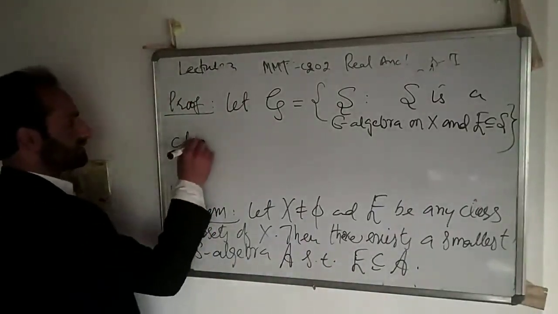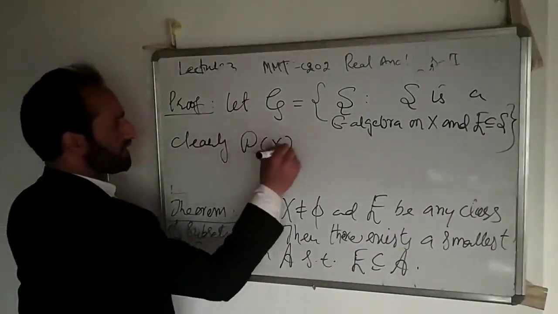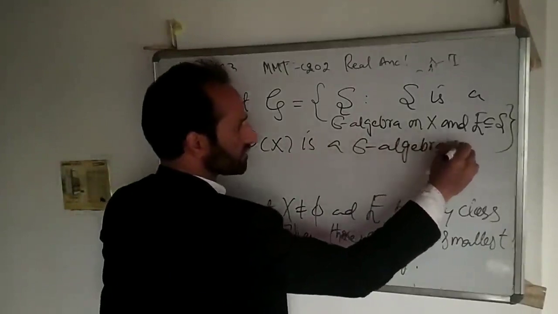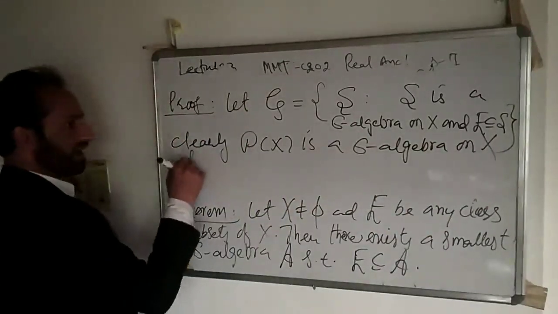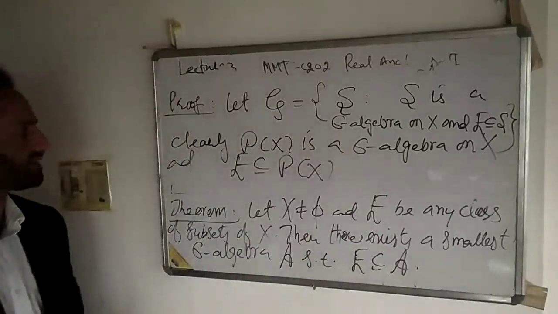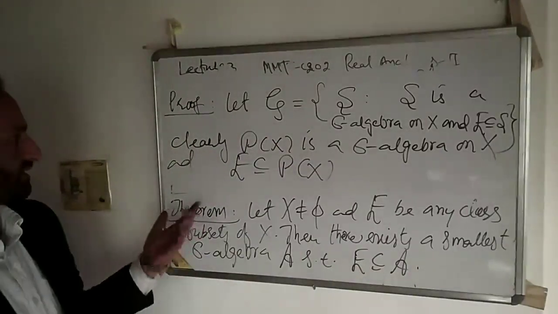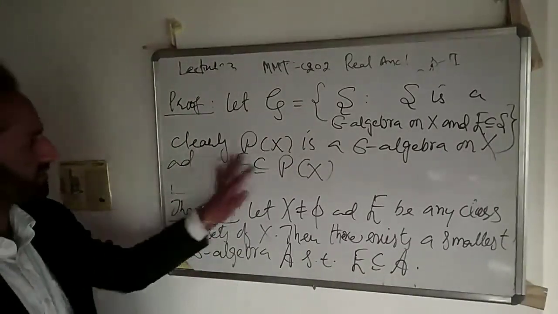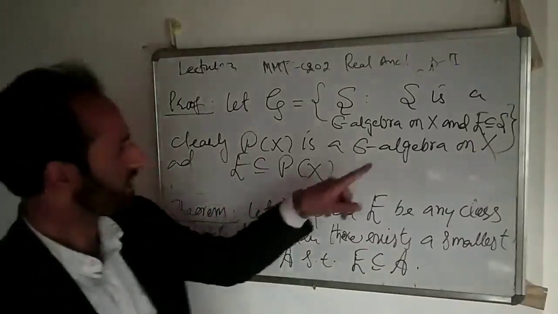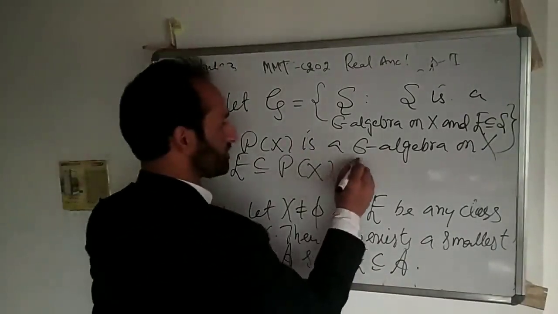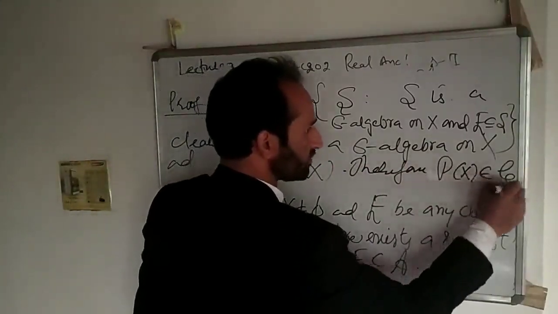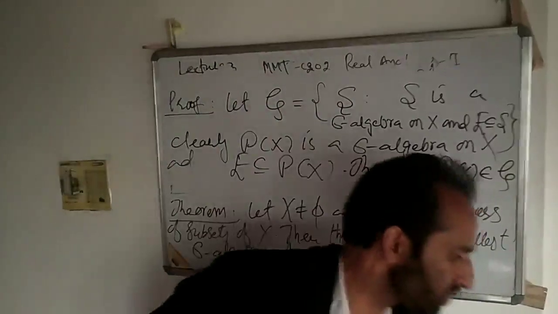So clearly the power set of X is a sigma algebra on X, and this F is always a subset of the power set of X, because power set of X means the set of all subsets of X. F means a set of subsets of X. It may not be all subsets of X. So F is a subset of the power set of X, and it is a sigma algebra on X. Therefore the power set of X belongs to C. So it contains at least one member.